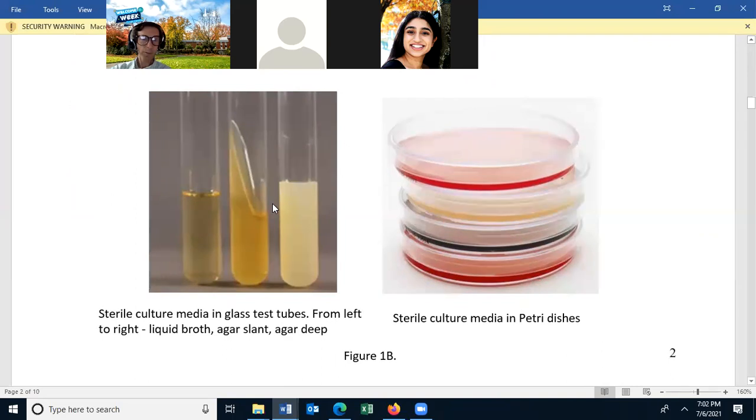You can also pour the agar in the tube and then put the tube at an angle, and you can get a slant. We call that a slant. And then you can pour the agar in a petri dish, or we call it a plate, and then we have agar on a plate. And so here's different media with agar plates.